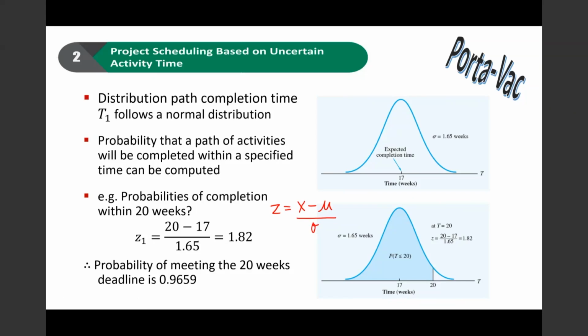Once we have this standard value, your Z value, we can then use the Z table, the normal distribution table, to find the probability of meeting the deadline of 20 weeks, which is 0.9659. So there is a 97% chance or likelihood that you will complete the project within 20 weeks.